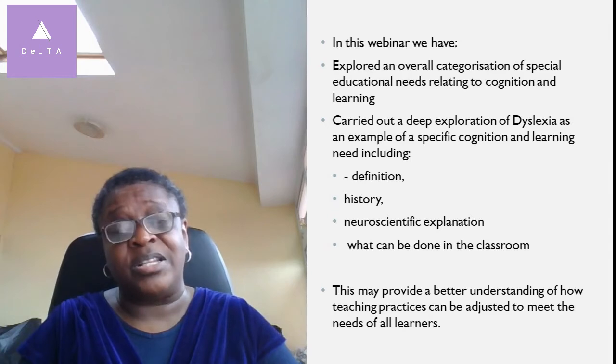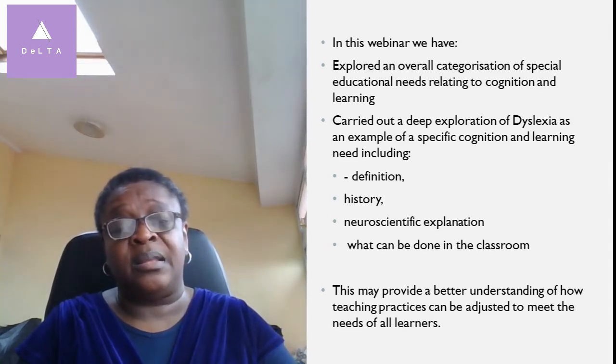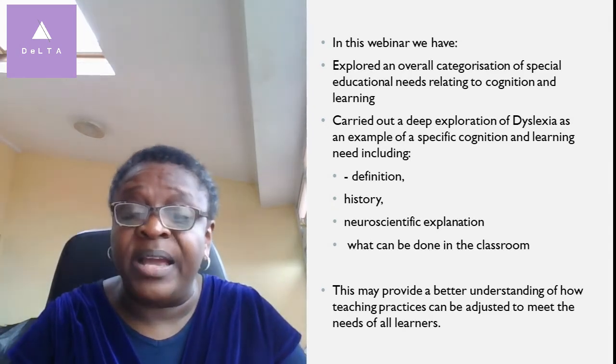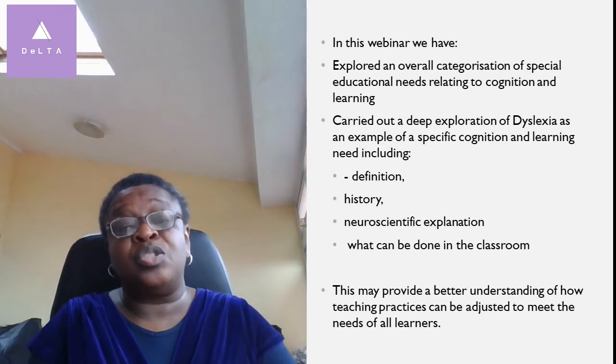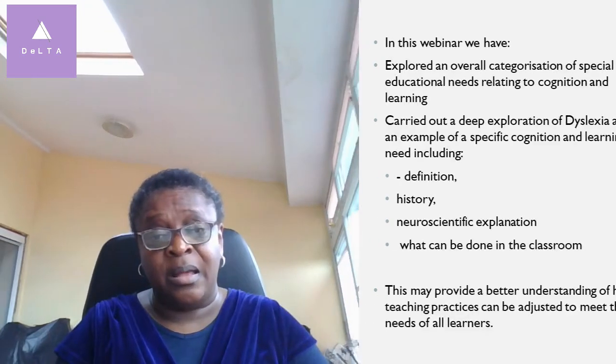Simple, common sense strategies, I think, of what can be done in the classroom. And I hope that this provides a better understanding of what we need to do to meet the needs of learners with dyslexia in the class.